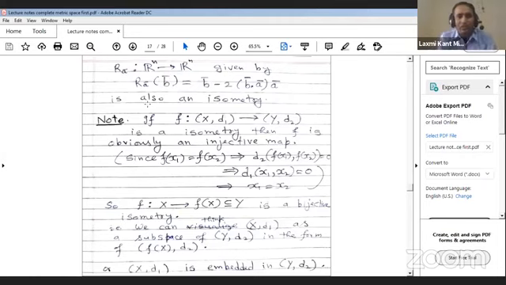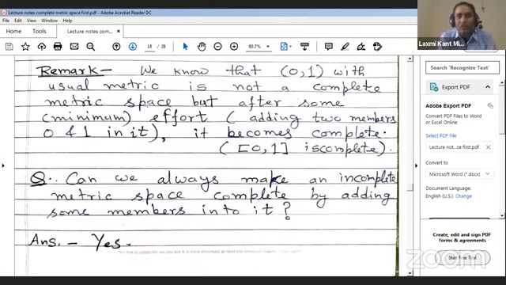Next, we have a remark that we know that the open interval with the usual metric is not a complete metric space, but after some minimum effort, by adding some members into it, it becomes complete.